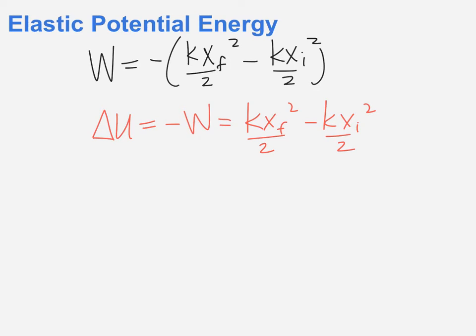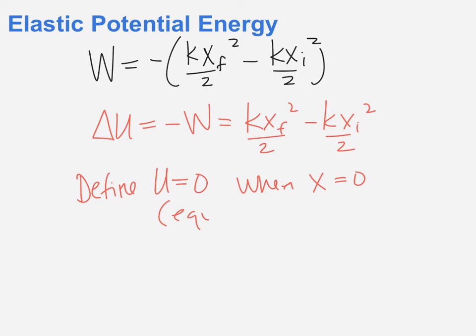But we can do even one more thing. Recall with potential energy, if we all agree on a consistent 0 point, like a lot of times we use the ground when we're working with gravitational potential energy, if we pick a 0 point that makes sense, then we can make this even simpler. So what we're going to do is define that U is going to equal 0 when x is equal to 0, meaning that we're at the equilibrium point.